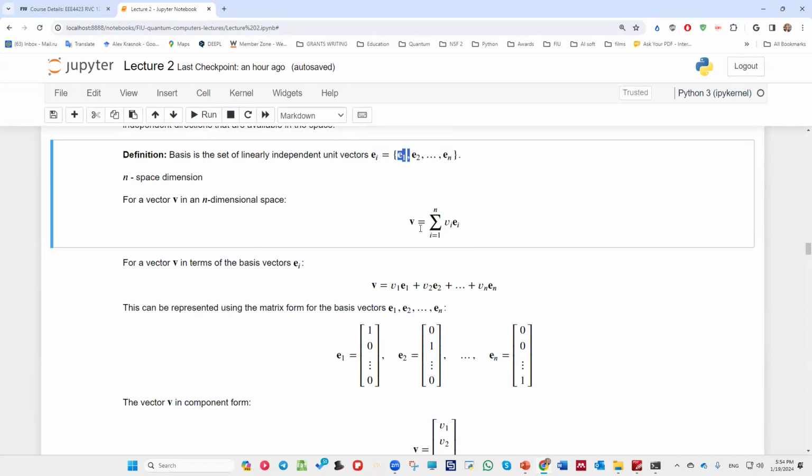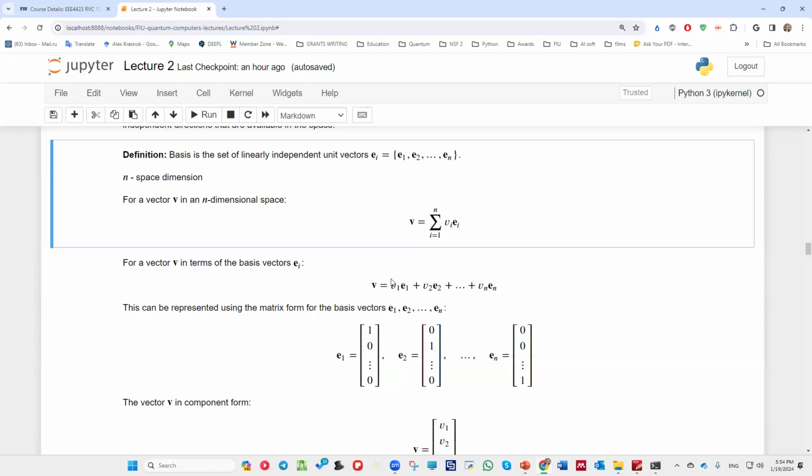Then I can represent any other vector in this space just taking this expression, right? The summation over the projection of the vector on the direction of the basis vector, multiplied by the basis vector.